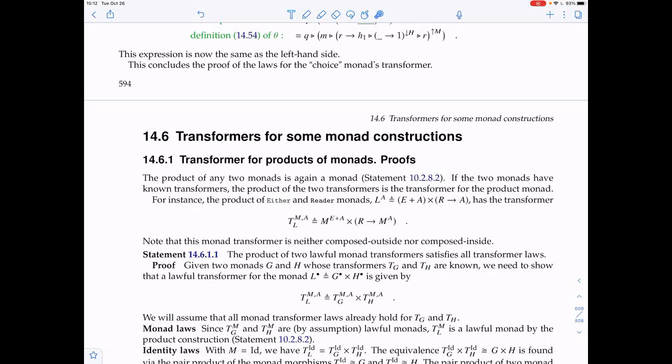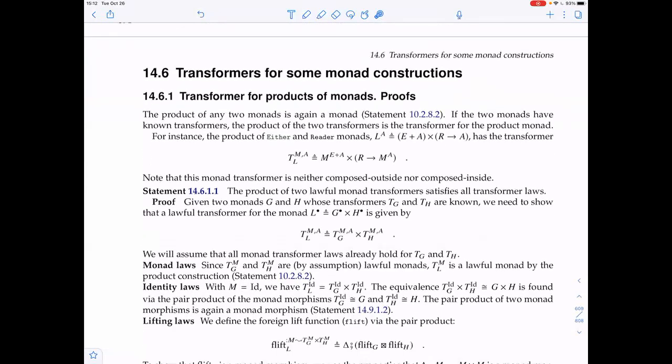So we have to look at, for example, monads that are obtained by product. For example, this monad is a product of either and reader. What is the transformer for this monad? It turns out it is a product of two transformers. The either is a linear monad and the reader is a rigid monad.